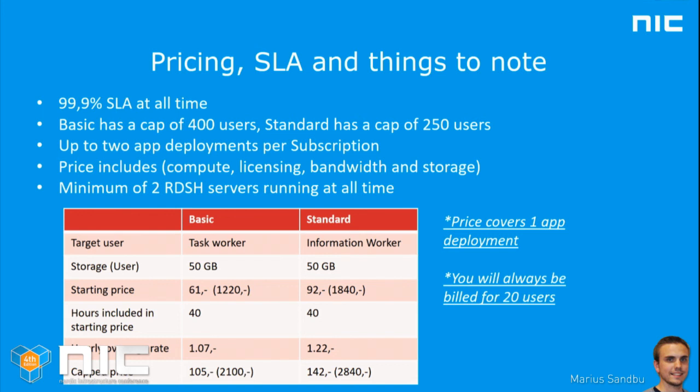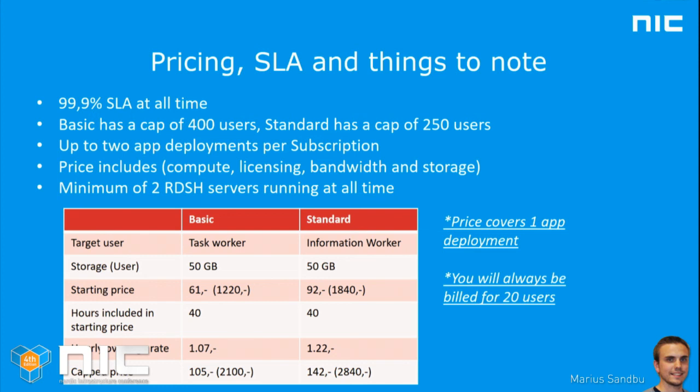And in that starting price, you have 40 hours of usage. So when you log off the session, you won't be billed for that. If you go over the 40 hours included each month, you will have additional kroner, but there is a cap price, so you won't go over 106 kroner per user, which sums up to 2,100 kroner a month.